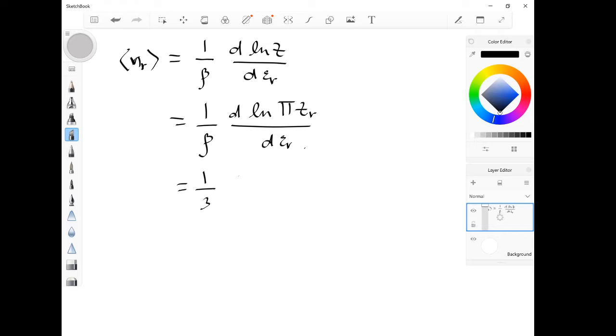Because the logarithm of the product becomes the sum of the logarithms, you'd end up with only one term remaining, which is d ln Z_r d E_r, because the rest would just be 0 since they're not differentiated with respect to E_r, that particular state. Does that make sense? I think I follow you now.